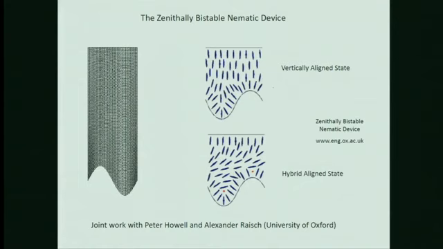And this device has also been reported to be bistable in the literature. It's even commercially available. And the two competing states are typically believed to be the vertically aligned state, where the molecules are pretty much vertical everywhere in the geometry, and the second state, which is called the hybrid aligned state. And this is sort of more horizontal near the grating, and you have these two defects which are pinned at the crest and at the bottom of the sinusoidal grating.